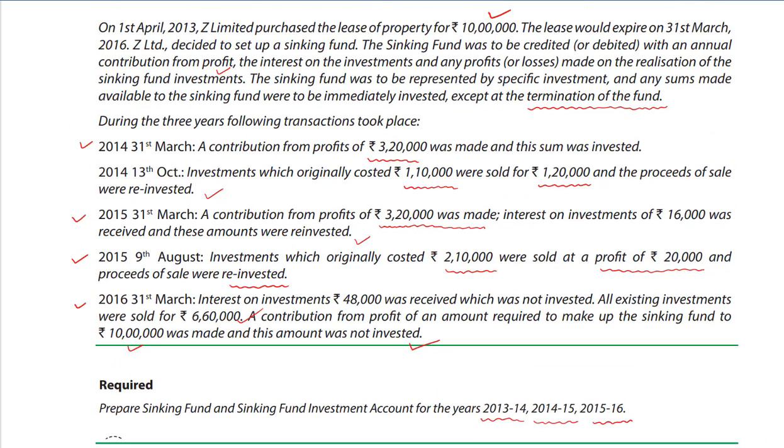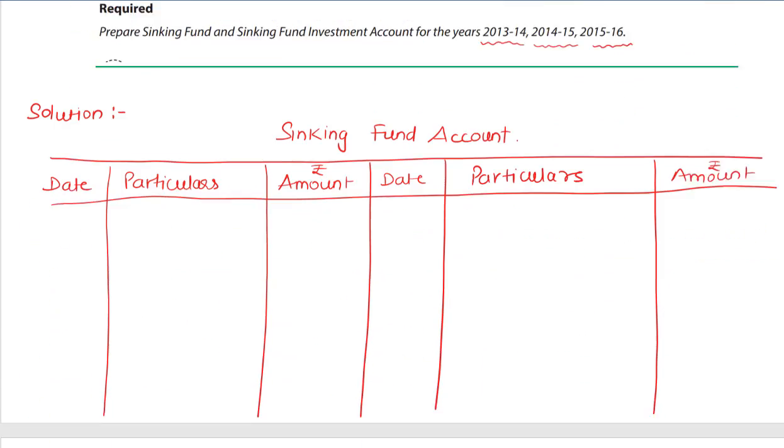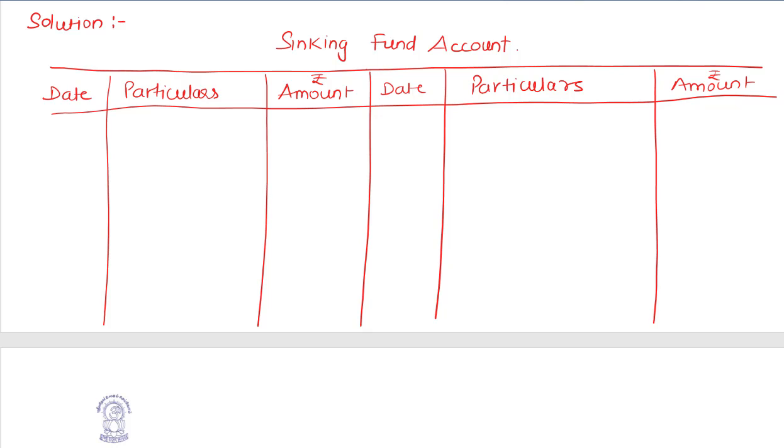On 31st March 2014, a contribution of 3,20,000 was made and this sum was invested. Just write the date in the year 2014.